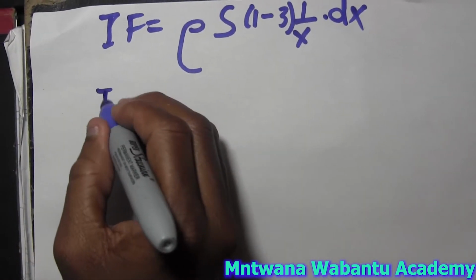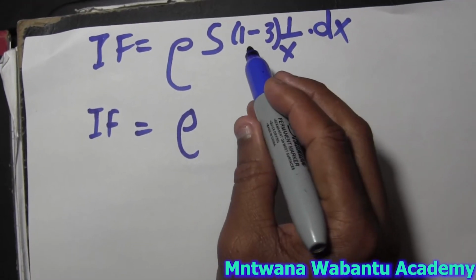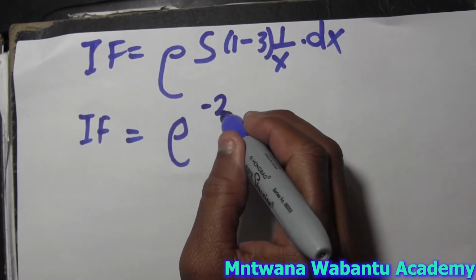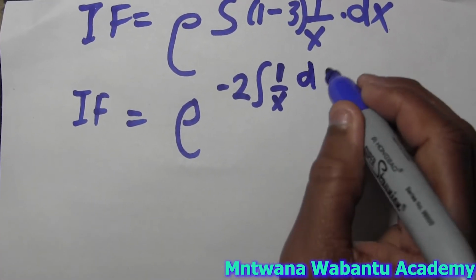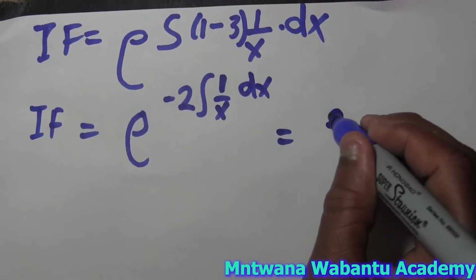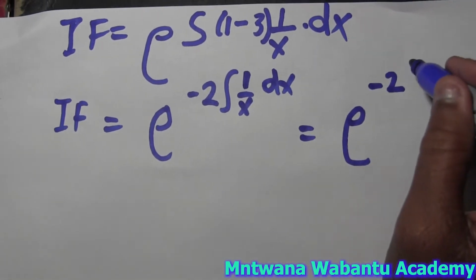So the integration factor equals e, and now this is going to be negative 2. Negative 2 comes out, and then the integral of 1 over x d of x. So we say e to the negative 2, but when you integrate 1 over x it is ln of x.